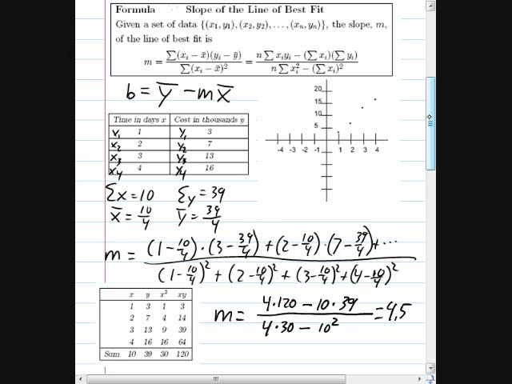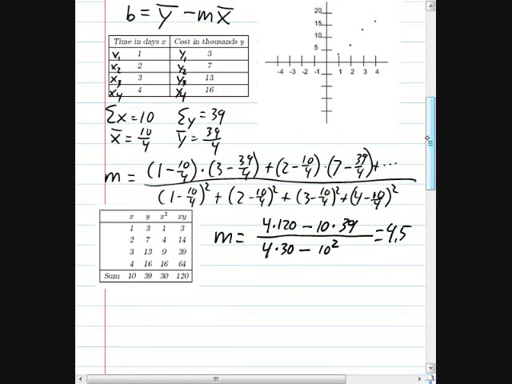So now we need to find the y-intercept. Our formula says that b is equal to the mean of the y values, and even if we had not computed that previously, we can find the mean easily using our table on the left. The sum of the y's is 39 divided by the 4 data points. So the mean of the y's minus m times the mean of the x's.